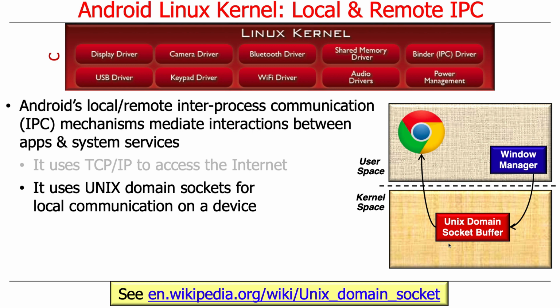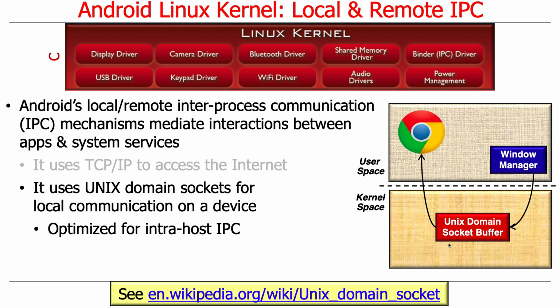Android Linux also supports something called Unix domain sockets, which are sometimes called local sockets, and are optimized for communication between processes on the same device. So you might have the Chrome browser running on your phone, and it needs to be able to talk to the window manager, and so it'll use some kind of local socket or Unix domain socket buffer to communicate from one address space to the other.